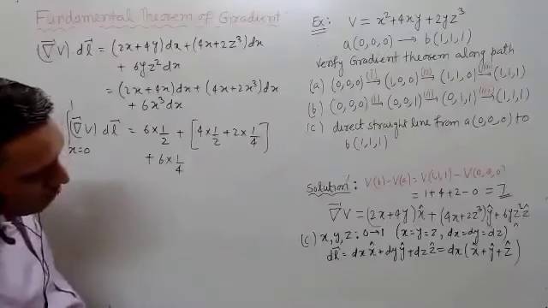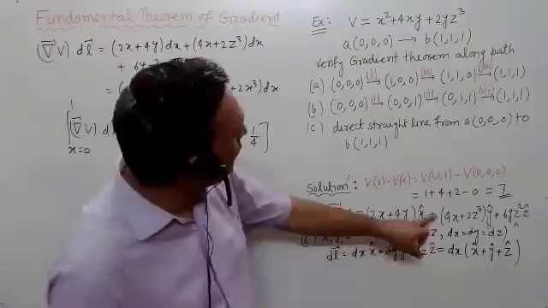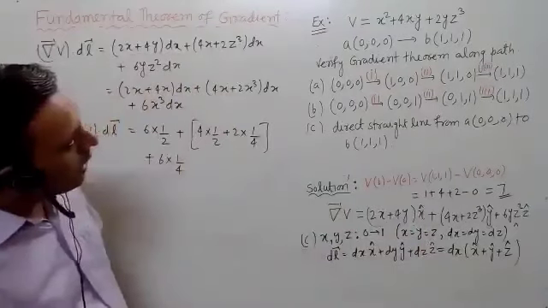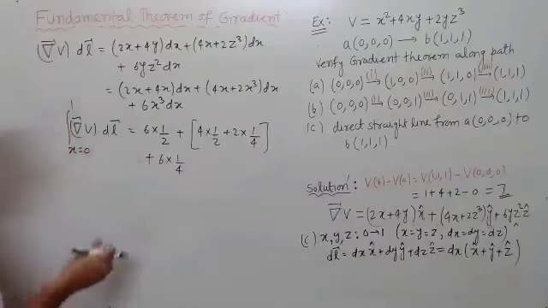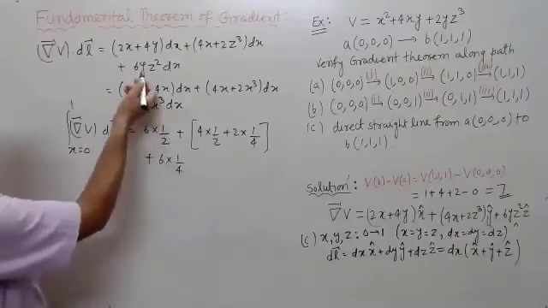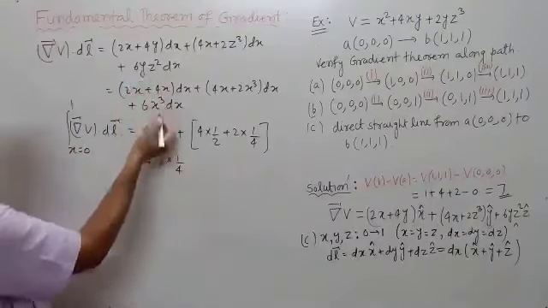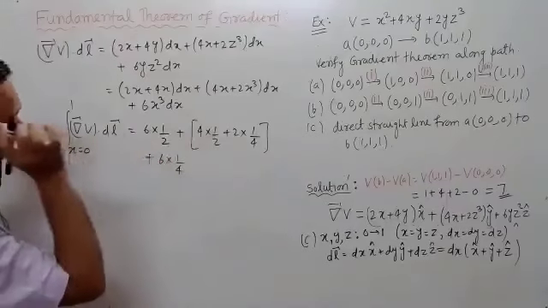What will be this value? I think this gradient v is 4x plus twice z cube. So is it clear? Okay, sir. 4 by 4. So what will be this value?